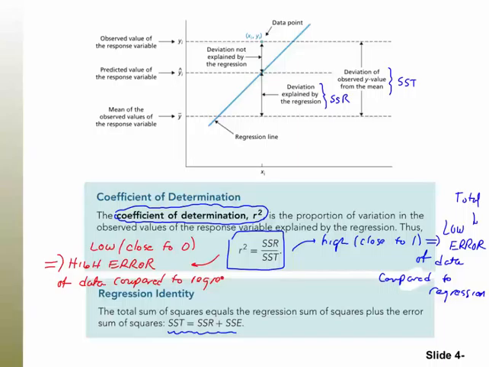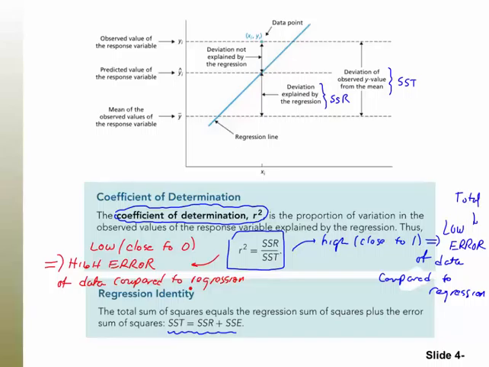So in that case, the closer to 0 the r squared is, we're more inclined to use what as a predictor of the y variable? The lower this value is, the more inclined we are to use what to predict the y variable? The mean, right? The mean is just the best indicator we have.